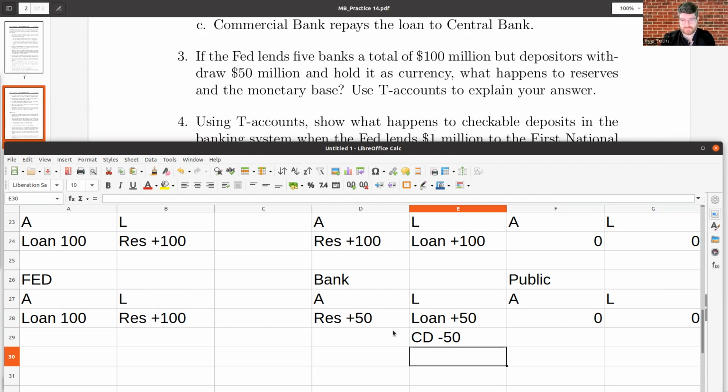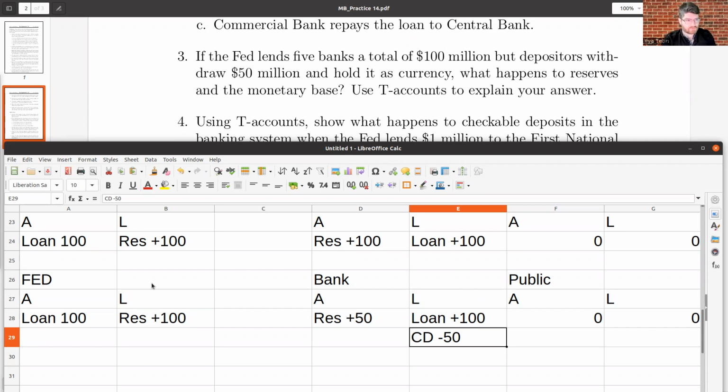Checkable deposits minus 50. Then the loan should be 100. So now everything is equal. We take the loan from the Fed. We provided 50 million for our public. Checkable deposits decreased by 50 million, so we have to take 50 million out of reserves from the Fed.